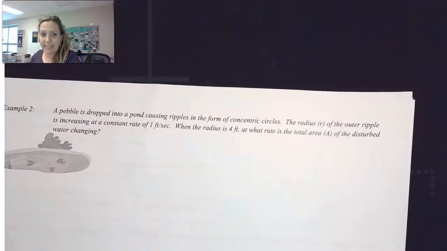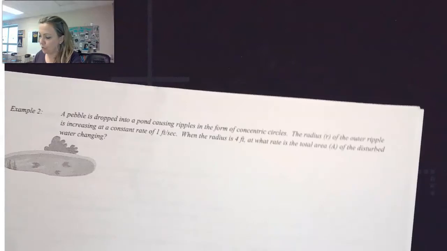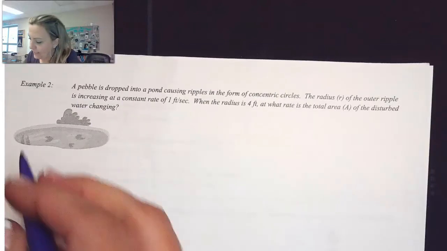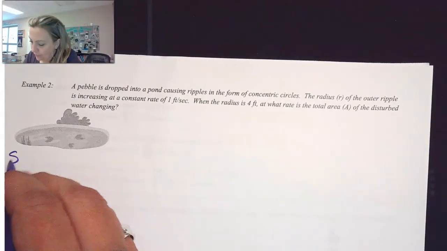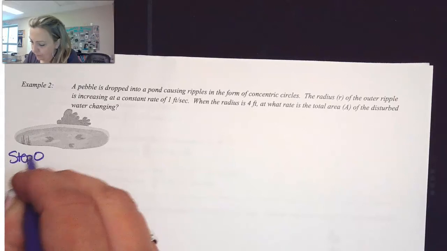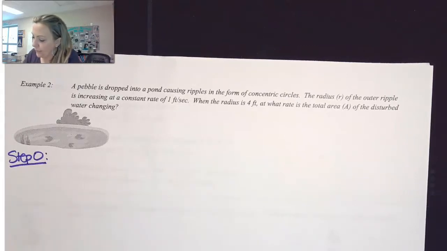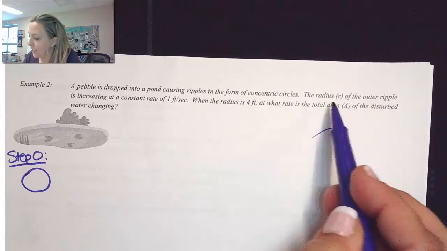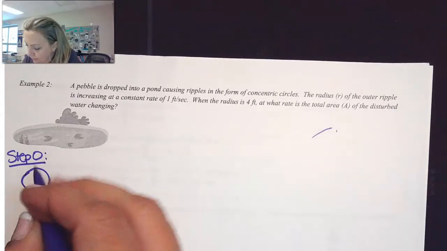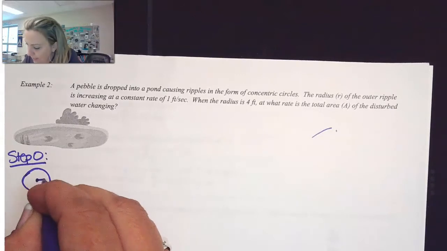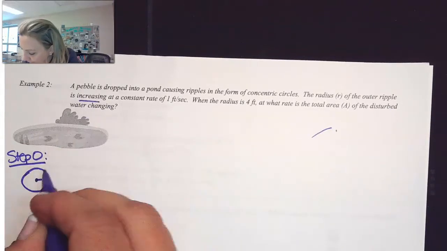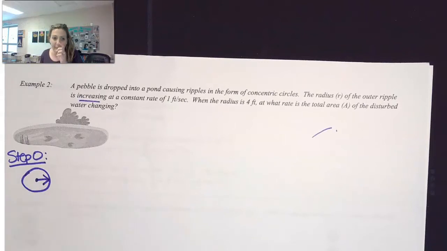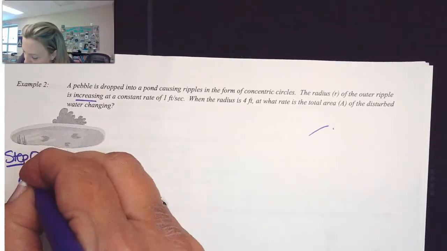In example 2, we're just dropping a pebble into a pond, so here's step 0, and we're getting circles. It's talking about the radius r of the outer ripple, and that is increasing. So I'm just going to maybe draw it like this and call this r.